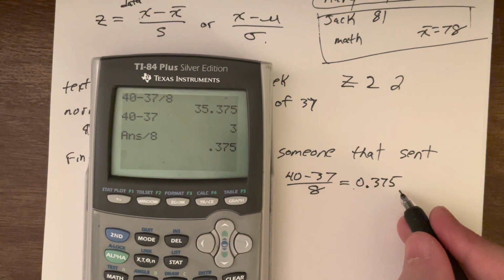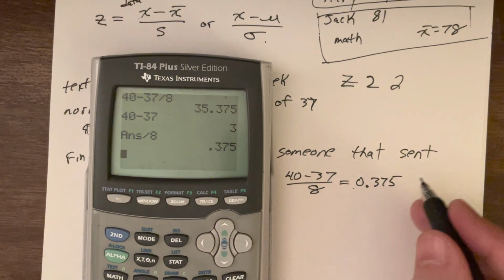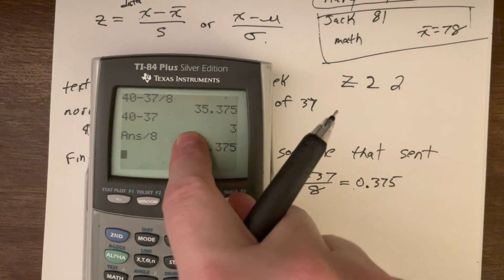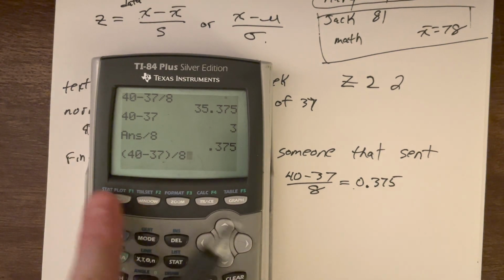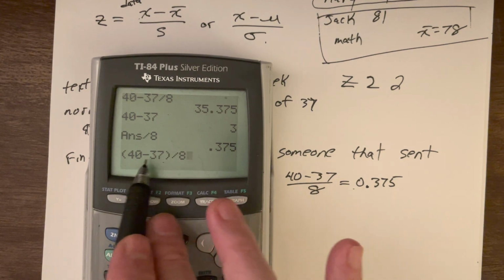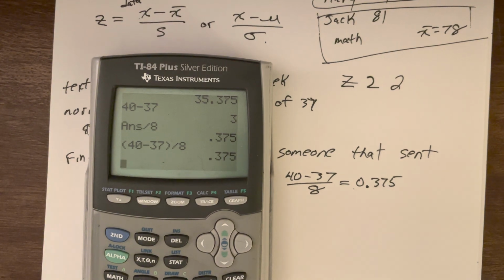Later on, we'll talk about how we'll need to round these to a second decimal. But at this stage, whatever you get, you get. Sometimes you have to round because the decimal goes on forever. But here, there's no reason to cut off, so just keep the whole 0.375. If you do it all at once, just make sure you use your parentheses to make it clear. You're subtracting everything on the top and then taking that total divided by 8, and there's that same matching value.